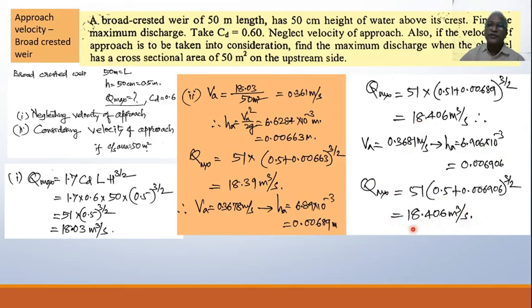So it terminates to improve. So we can say that final discharge would be 18.406 meter cube per second. I have done 3 iterations for discharge, and you see that it's almost becoming stagnant as far as improvement is concerned. Okay, next problem.